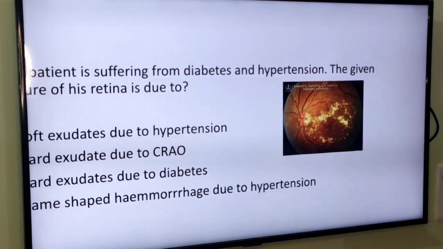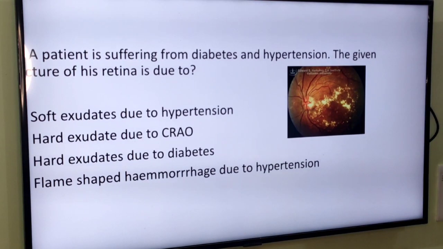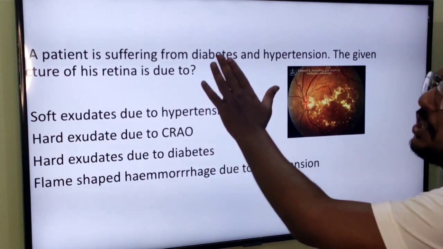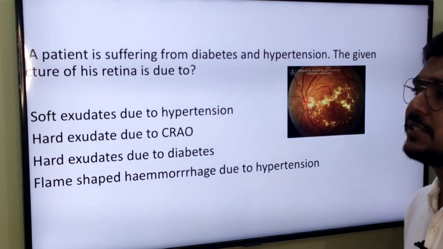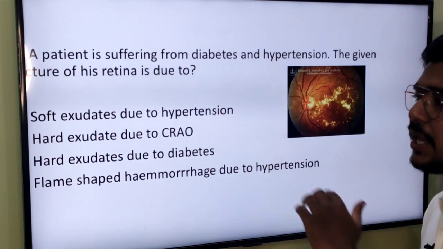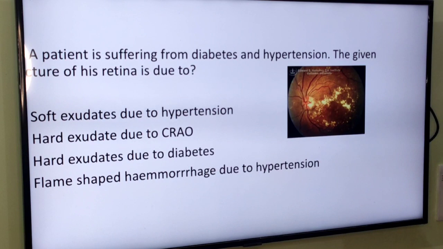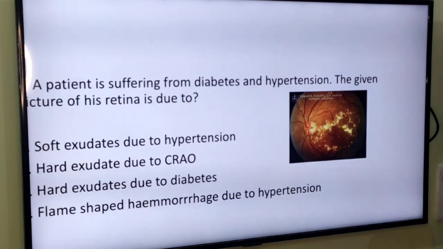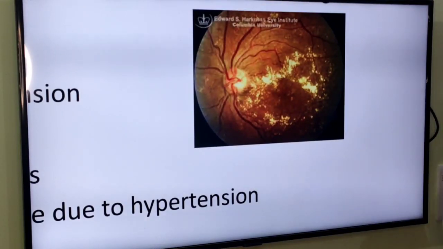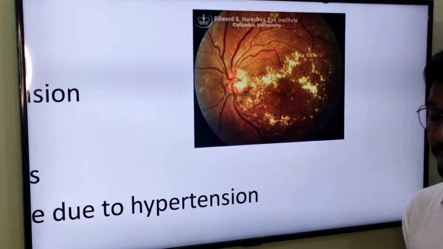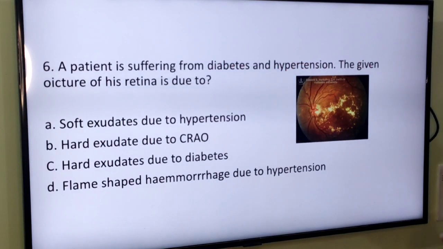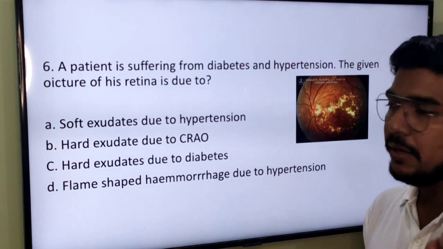However, these hard exudates are mainly because of diabetes, because this patient is giving the history of diabetes itself. In CRAO, hard exudates can take place, but in CRAO the retina will not look like this. It will look gray, and you will find the cherry red spot, right?